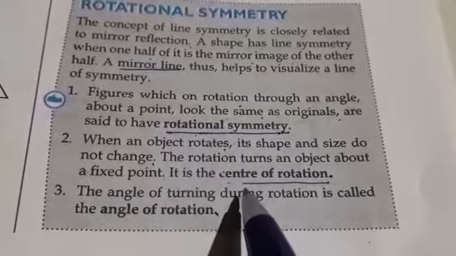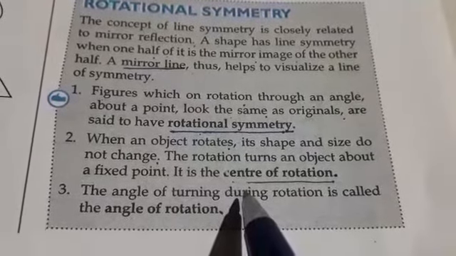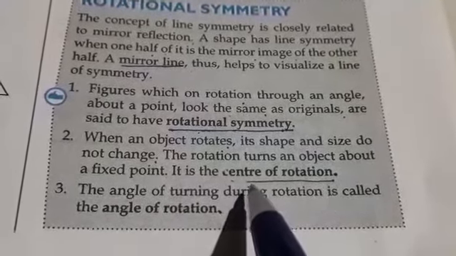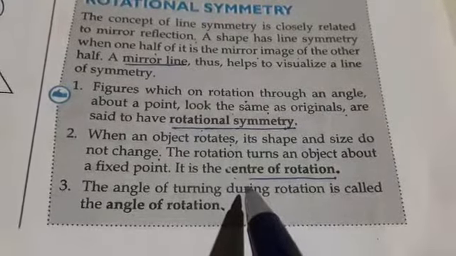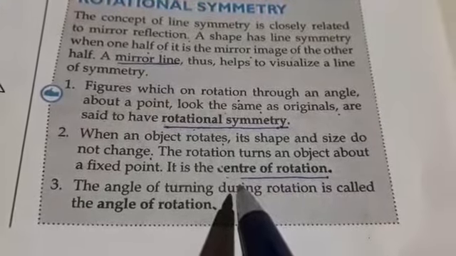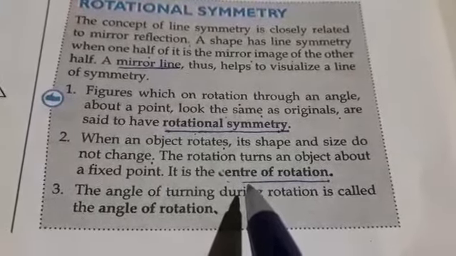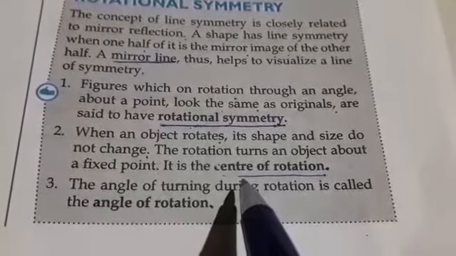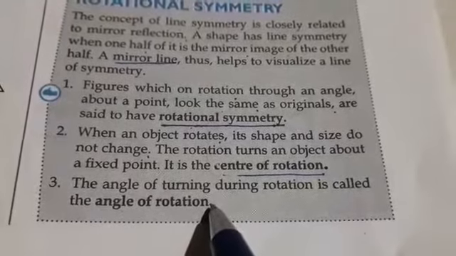When we complete it, it makes 360 degrees. Suppose we turn it 3 times and complete one rotation, which is equal to 360 degrees, then 360 divided by 3 is equal to 120 degrees. So the angle of rotation is 120 degrees.